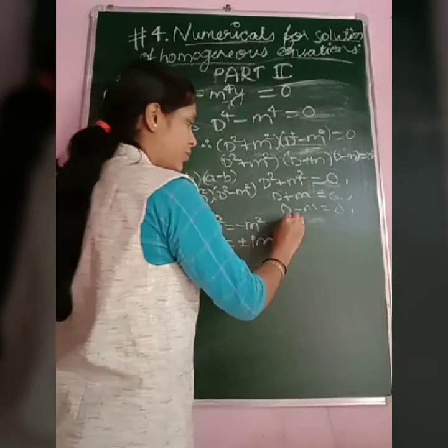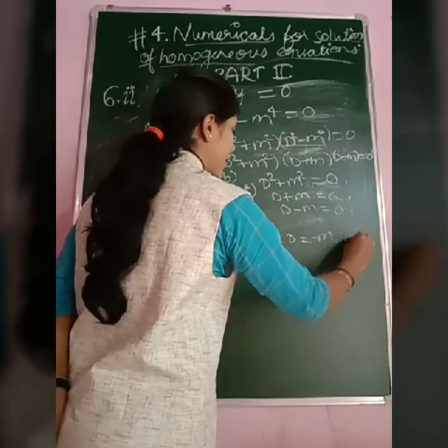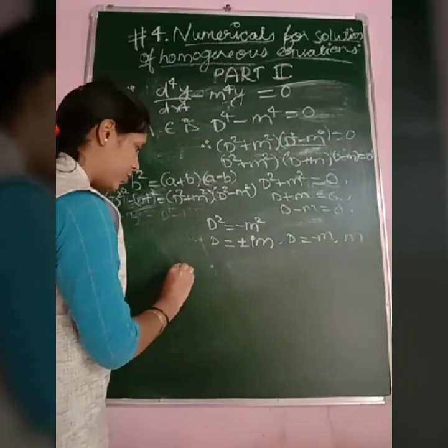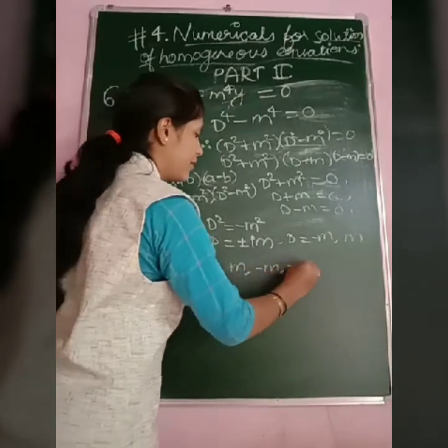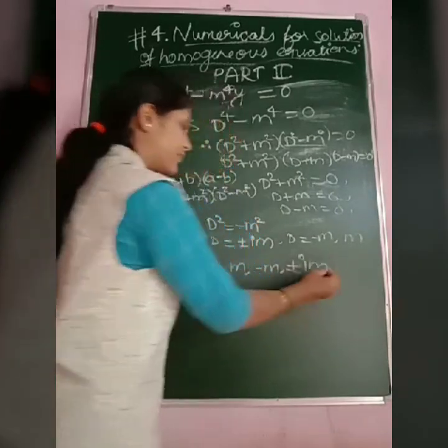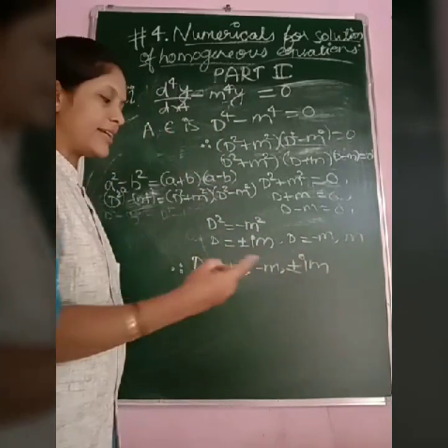And from the others, D equal to minus m and plus m. Therefore the D values are m, minus m, and plus or minus im. So the complex root pair is 1, and the real roots which are distinct are 2.